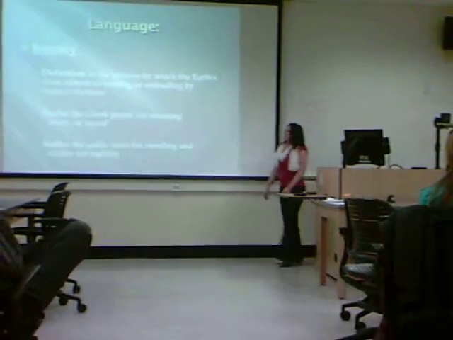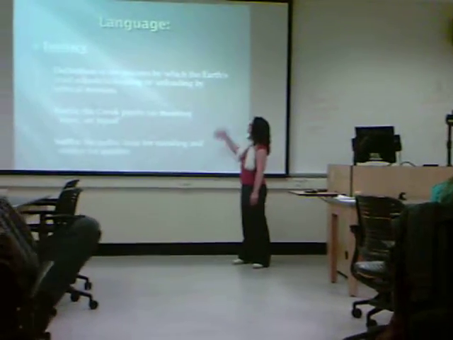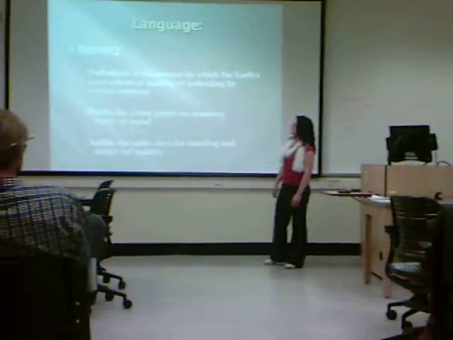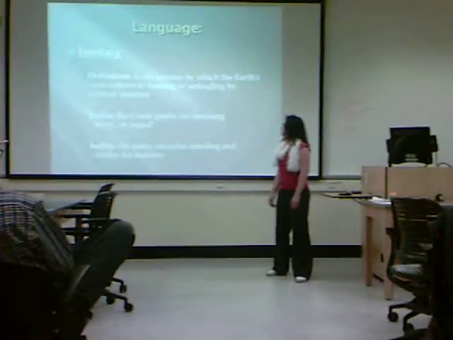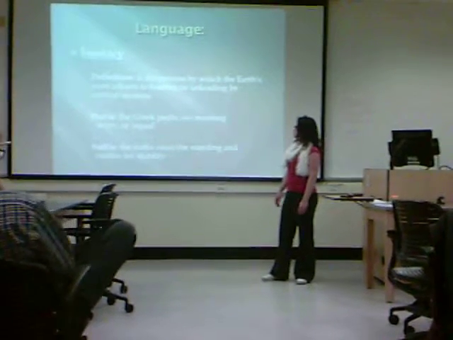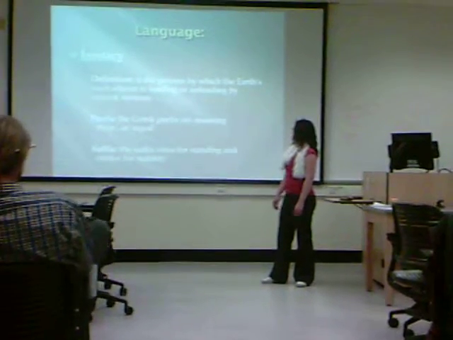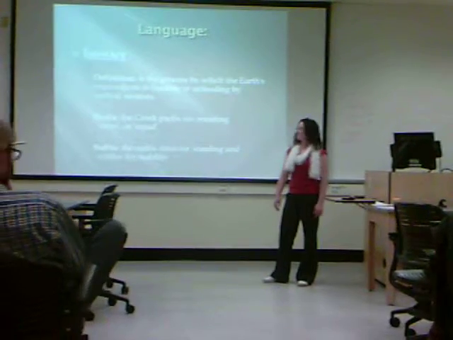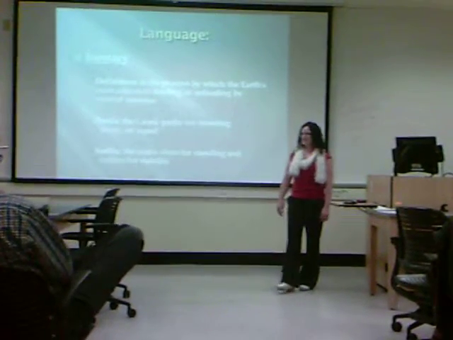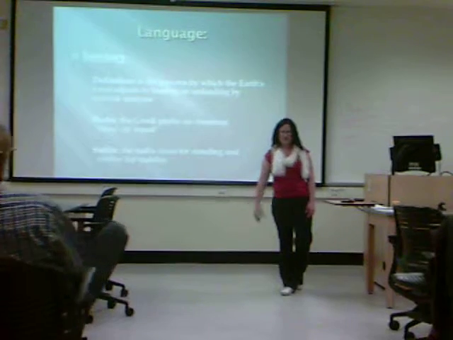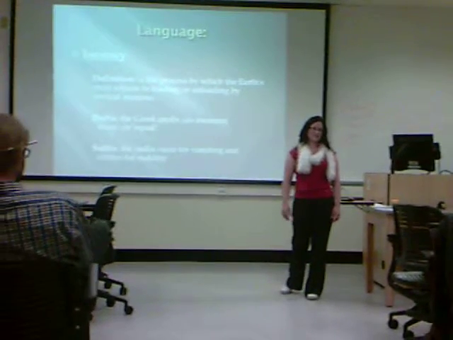Okay, so the language of isostasy: the process by which the Earth's crust adjusts to loading and unloading by vertical motions. The prefix iso means even or equal, and the suffix is standing and stability. Can we think of anything that we've come across that has iso or a related suffix?